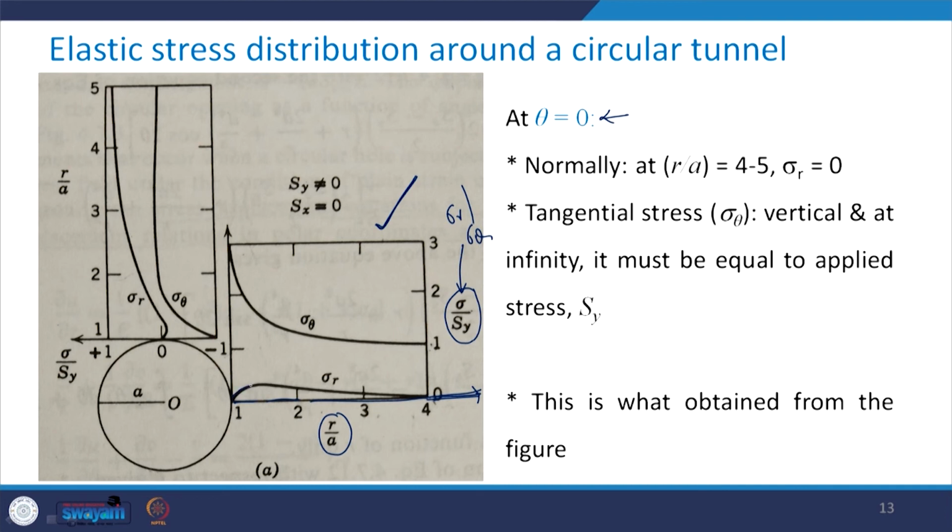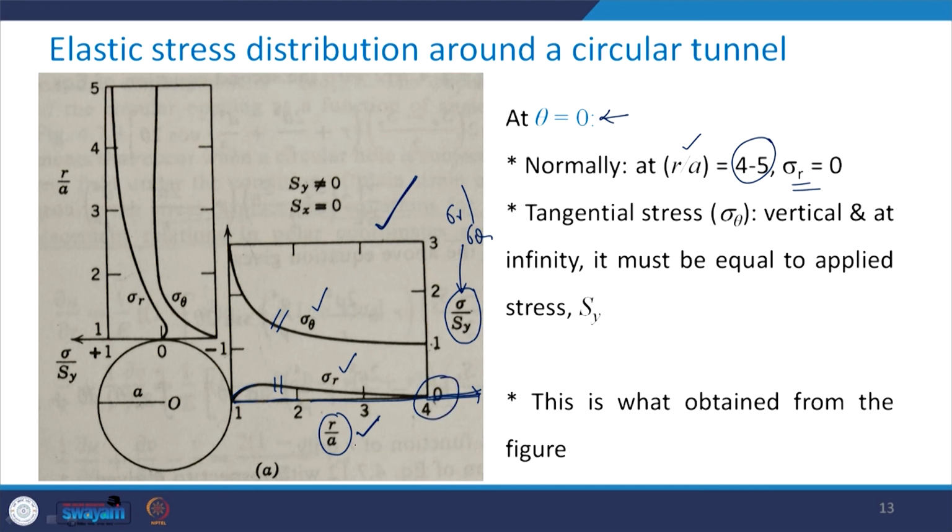So, this plot is showing the variation of sigma r with r upon a, and this plot is showing the variation of sigma theta with r upon a. So, if you just take a look at those expressions of equation number 12, normally at r by a equal to 425, this sigma r would work out to be equal to 0, and that is what we can see here in this figure as well.